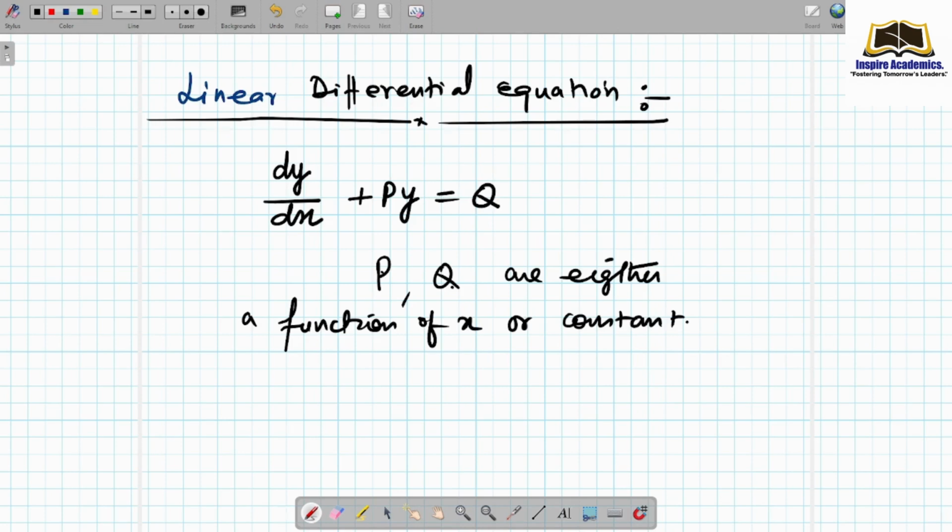ठीक है जी. Now let me tell you the algorithm how to solve them. So what are the steps to solve? Step number 1.